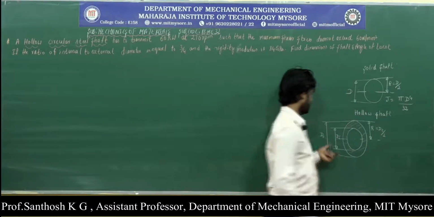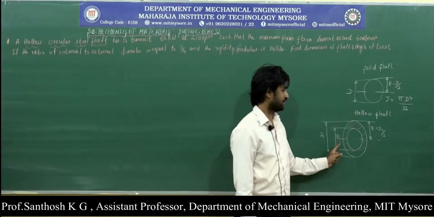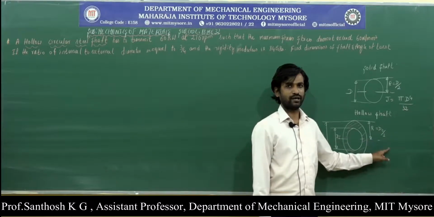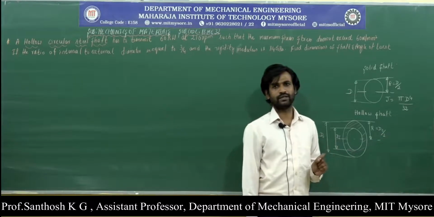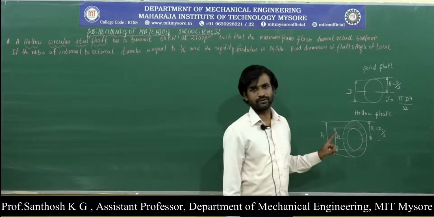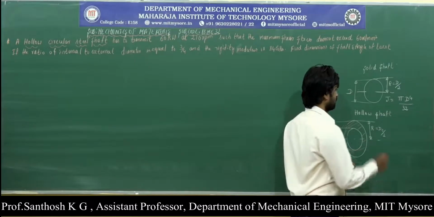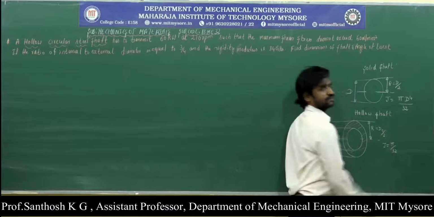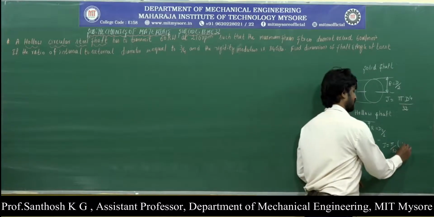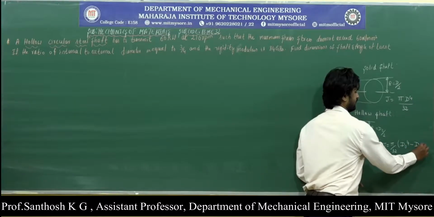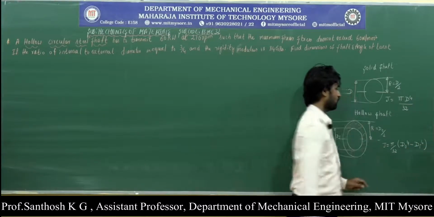Since we have two diameters D naught and DI, in order to find the value of R, I should use D naught divided by 2, where D naught represents the external diameter of the hollow shaft. Similarly, in order to find the value of J, I should use the equation pi by 32 times (D naught to the power of 4 minus DI to the power of 4).